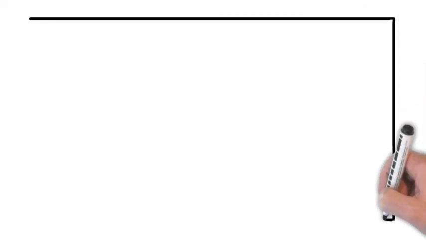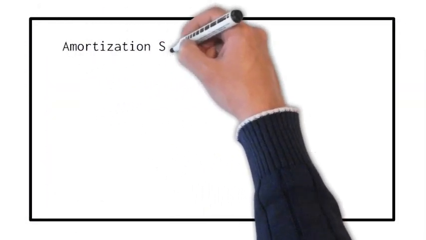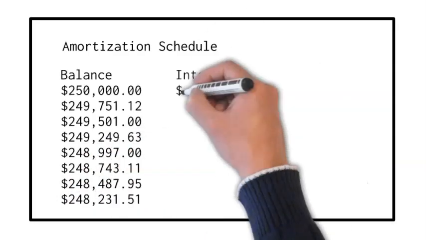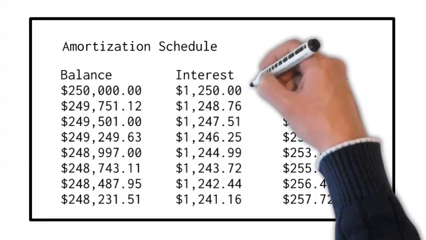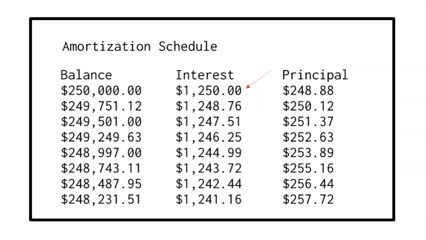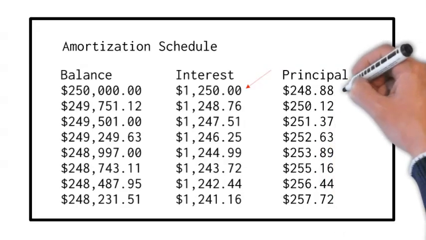As you can see on this example, the original loan amount is $250,000. Once we pay the interest owed, the remaining portion of the monthly mortgage payment will go to the principal balance.